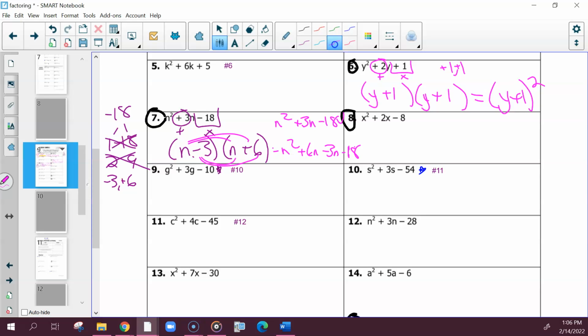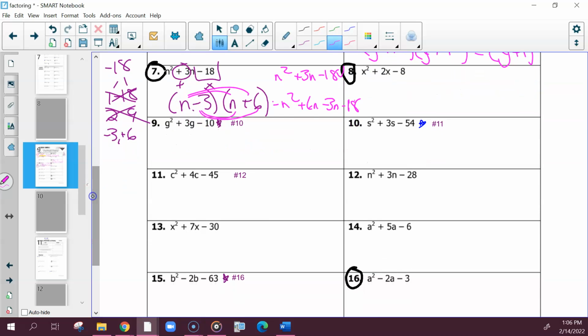Let's do another one. Number 10, similar. We have a plus and a minus, so one of our factors has to be negative. The smaller number will be the negative. What are some factors of 54? 9 and 6. You're right.